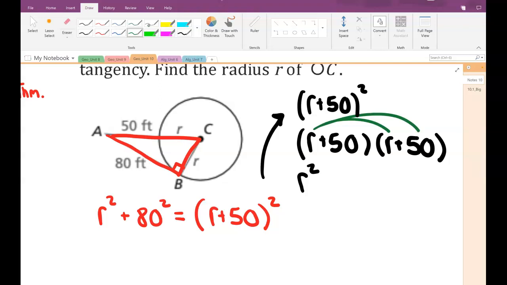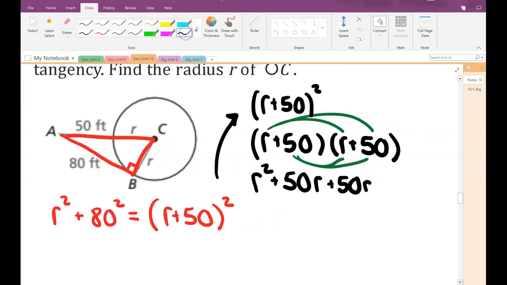So R times 50, that's plus 50R. And then you gotta distribute your second term to your other parentheses. So 50 times R again, that's plus 50R. And then 50 times 50, that's plus 2,500.